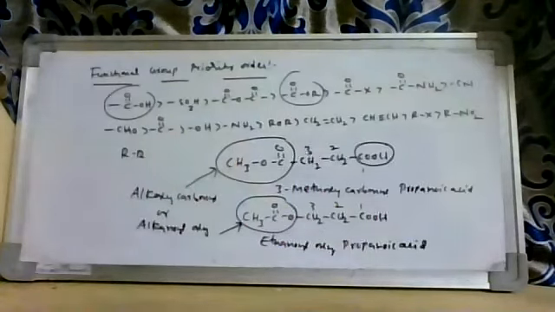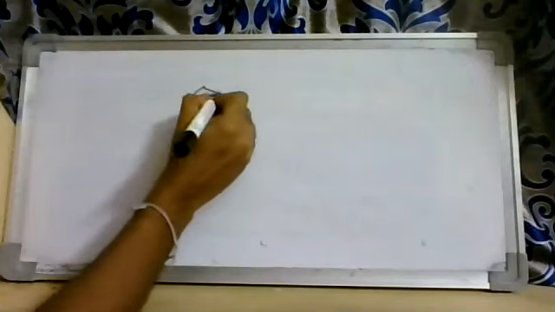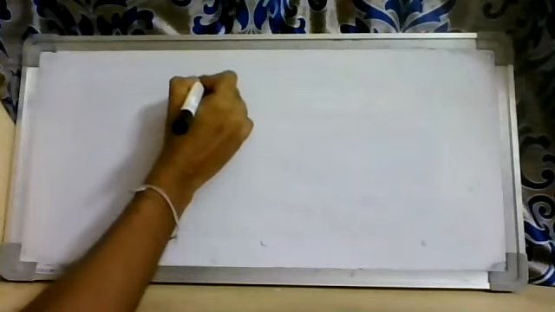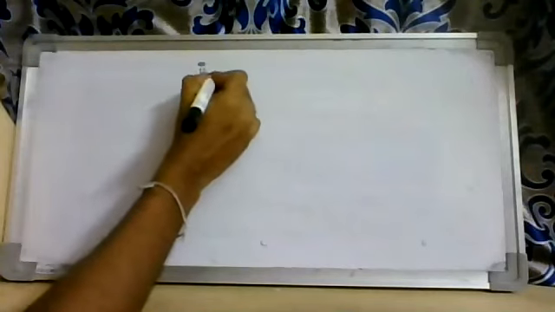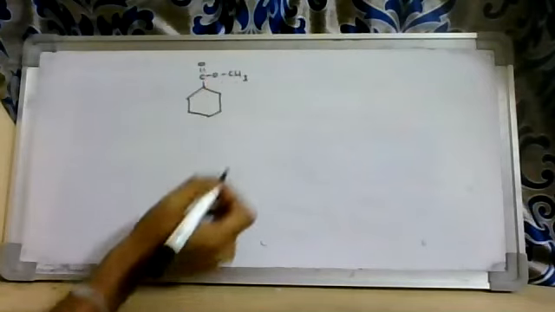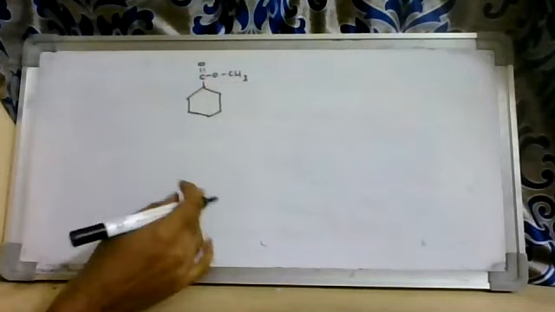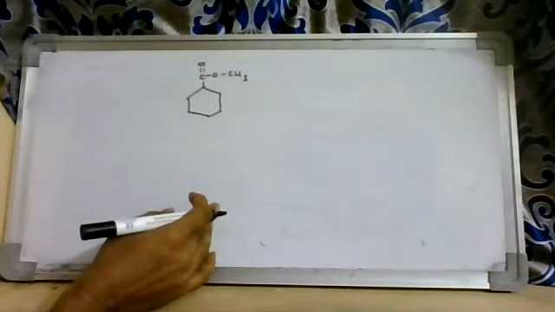Suppose I take cyclic compounds. In cyclic compounds, the ester name is like this. Suppose C double bond O CH3 is on the ring. In this case, we call it carboxylate. Why?